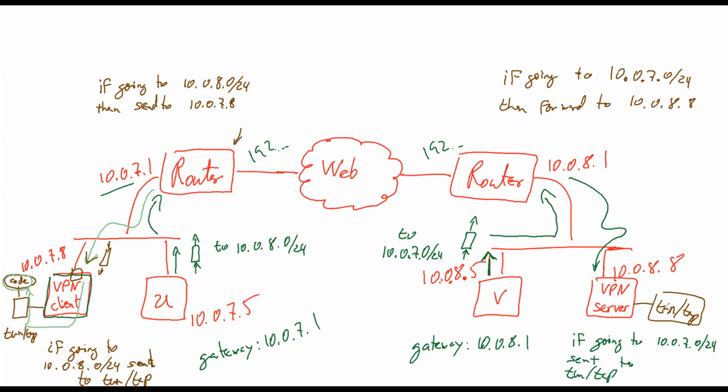Which TUN/TAP interface? Its own TUN/TAP interface, right? Again, this TUN/TAP interface is connected to some C++ code. And the C++ code will take the packet, which is all in clear text, and it's going to do the whole encryption process, right? And then it sends it out into the network.